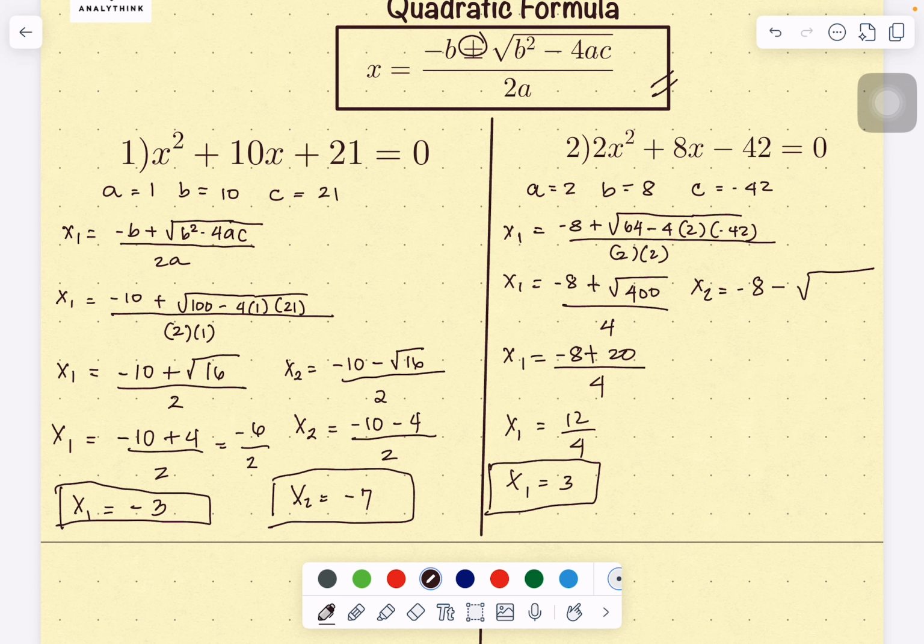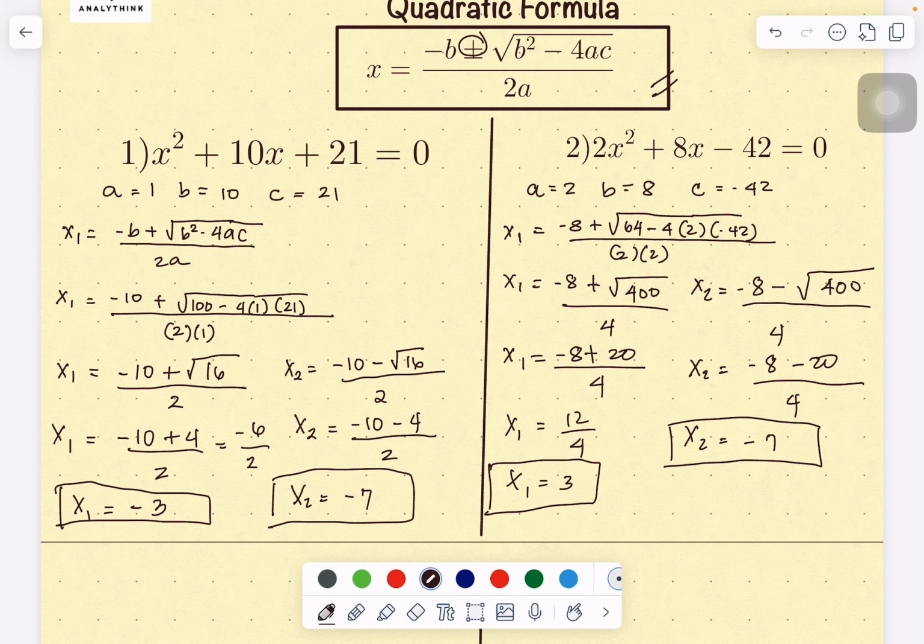But this is the square root of 400 divided by 4. So this one would be negative 8 minus 20 over 4. So that is negative 28 over 4, so that is negative 7. So that's the answer.